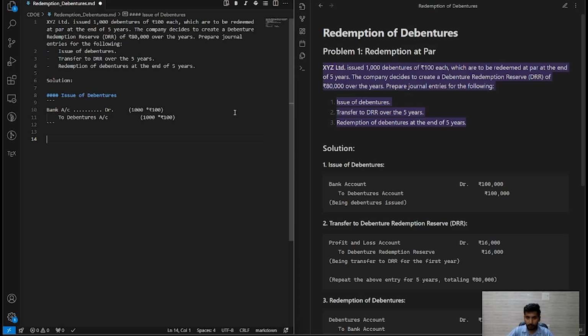After that, transfer to the debenture redemption reserve. Now we will create a debenture redemption reserve. Why? We'll find out.